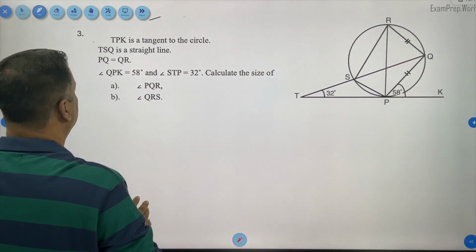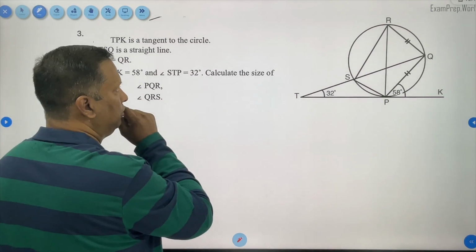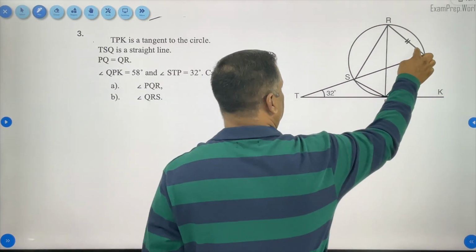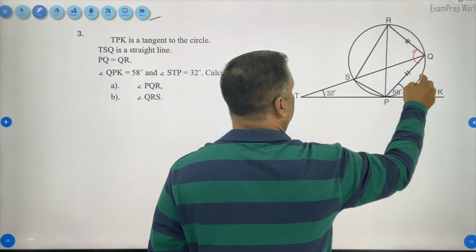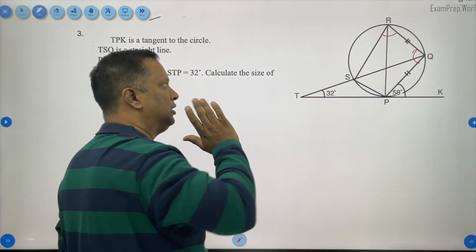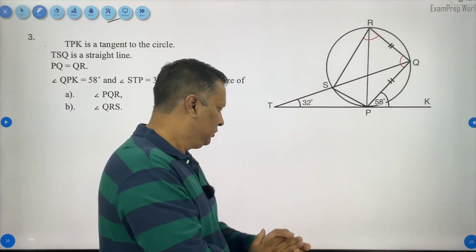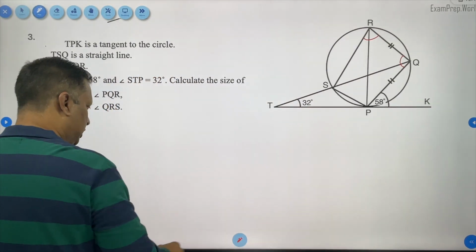STP is 32. We need PQR and QRS. PQR, this angle, and QRS. These two angles are the task to be found, marked angles. Okay, let's begin. So I'll zoom this figure and bring it to the center.